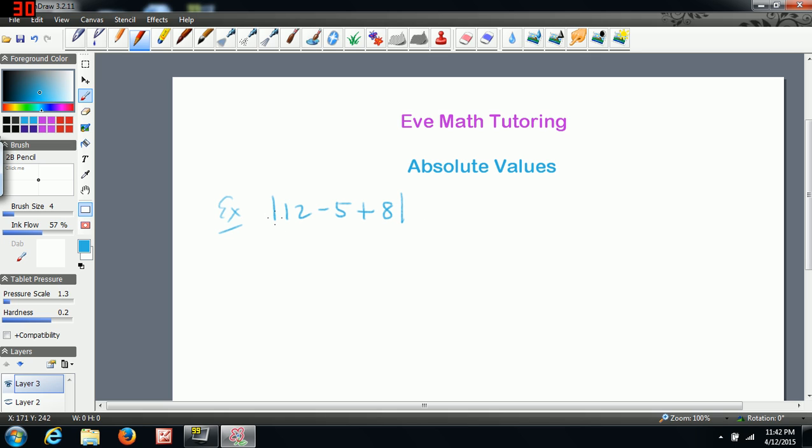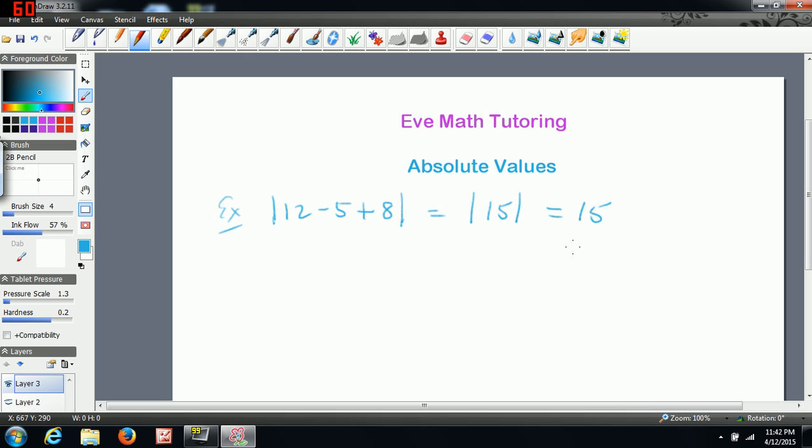What you're going to do is do what's inside the absolute values first. So you're going to do 12 minus 5, which would be 7, and then plus 8, which would be 15. And then once you have one number left inside the absolute value, you can go ahead and apply it.